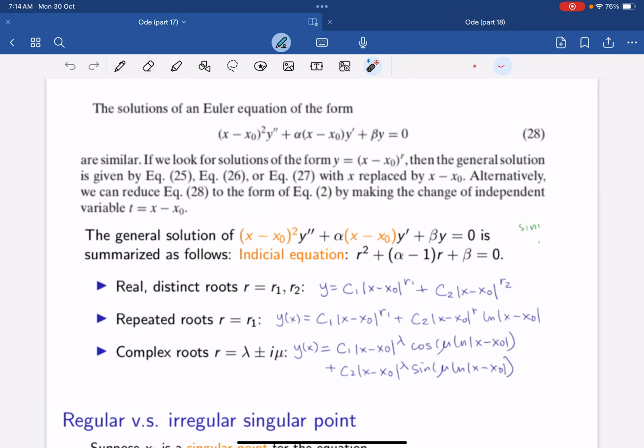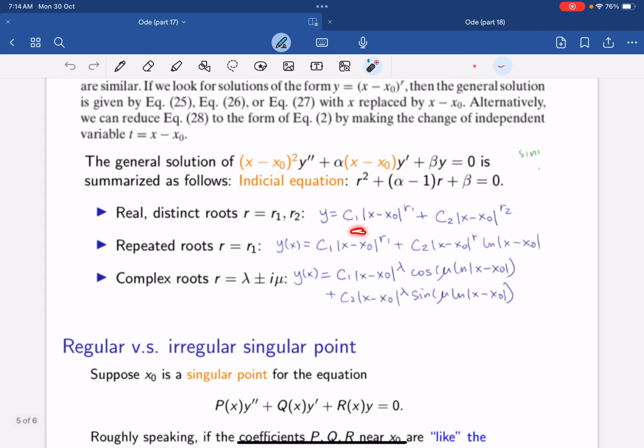So in general, if your equation is of the form this, not centered at 0 anymore, then your singular point is x naught. Then we just need to make the corresponding translation to the solution, and thus it will be of the following form. You have your modulus, but now instead of x, you have x minus x naught.